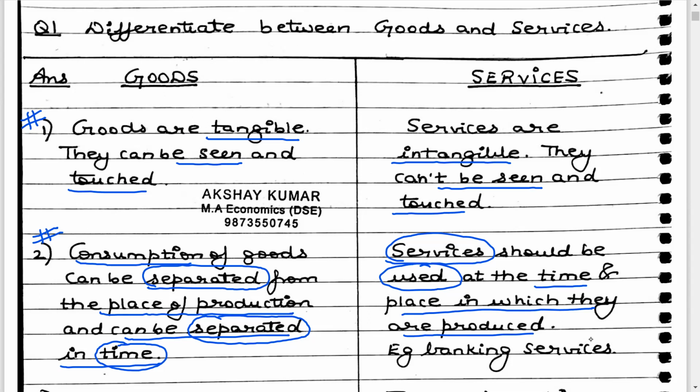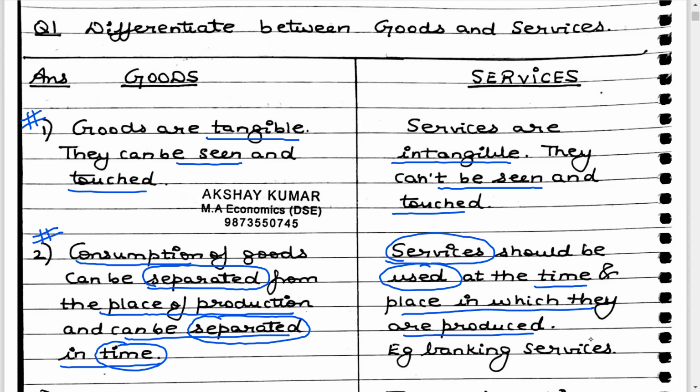It cannot happen that a service is produced somewhere and consumed somewhere else. For example, if someone is providing you with transportation service or education service, the point at which the service is produced is the same point at which the service is consumed.